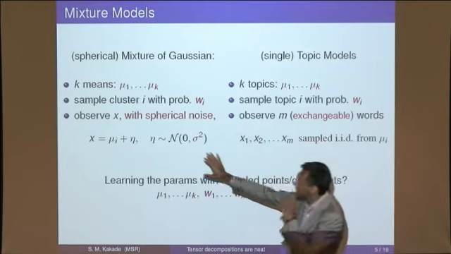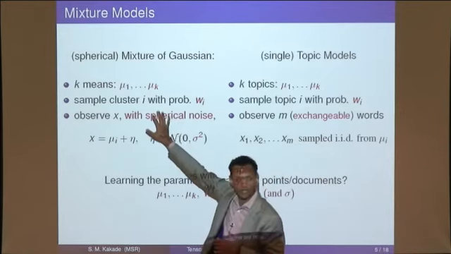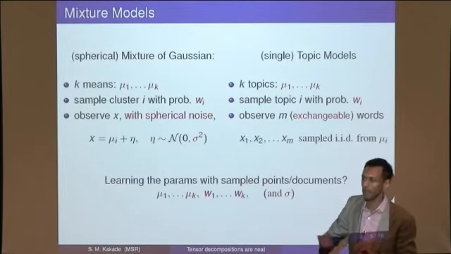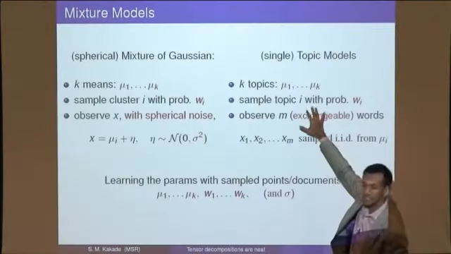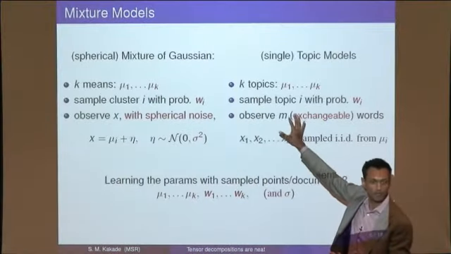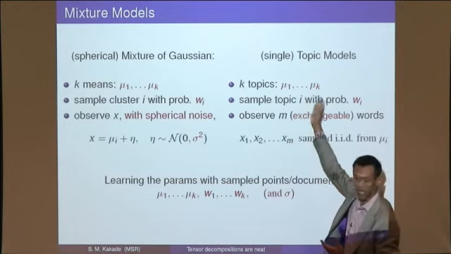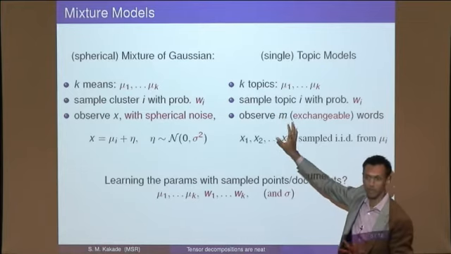In the mixture of Gaussians, we think of having k centers, mu 1 to mu k. These are points in a vector space. And in the topic model, let's think about having k topics, and I'm going to use the same notation. In the topic case, each of these mu i's is a distribution over words. Are you good with that?